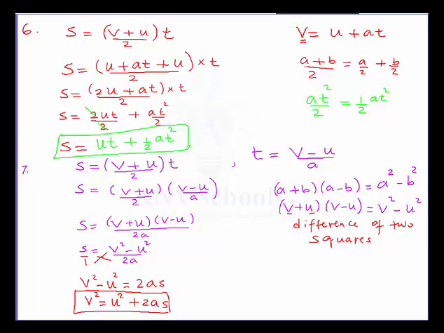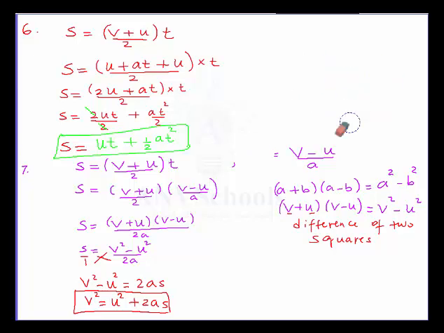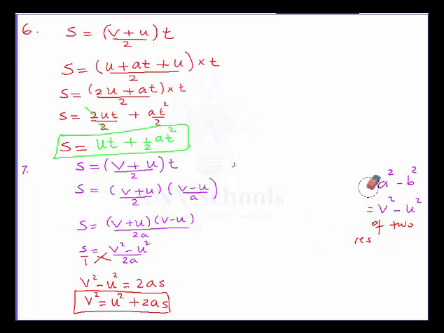Now let me just write them here shortly. I just want you to write the 7 equations in a short way. This is a summary of the equations of uniformly accelerated motion.